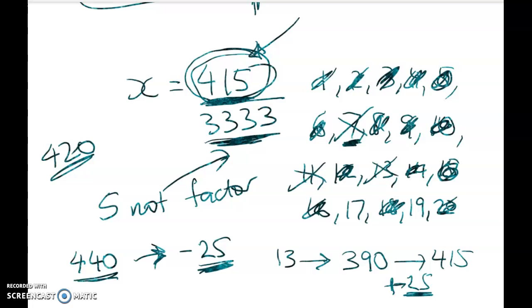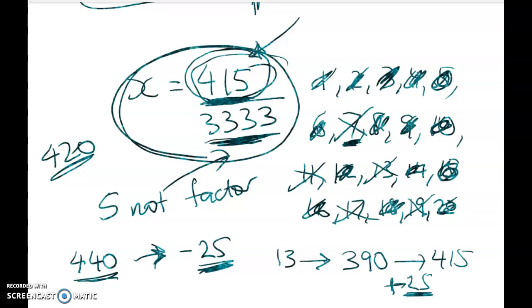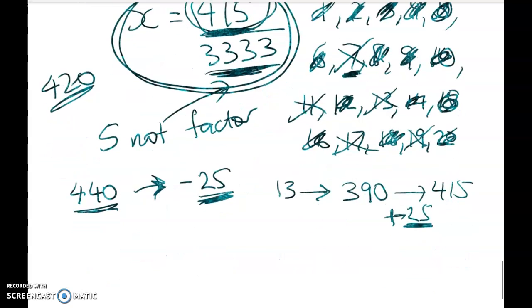And we can do the same thing on 17 and on 19. All right, so what we found is that this is the simplest way to write my recurring decimal as a fraction. So we can write 0.1245 as a fraction is equal to 415 over 3,333.